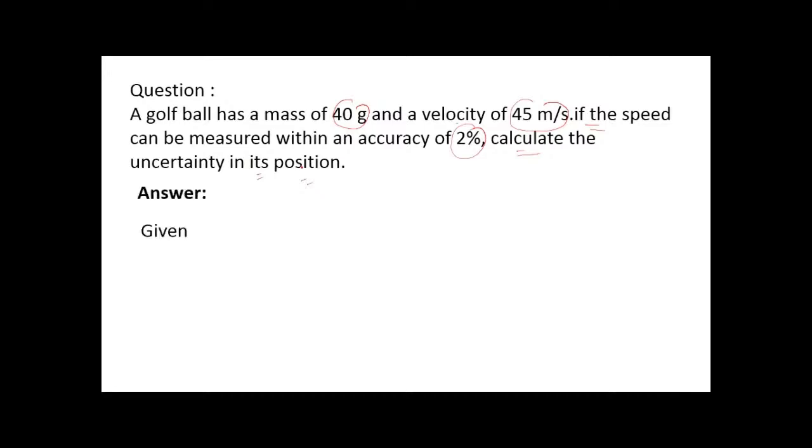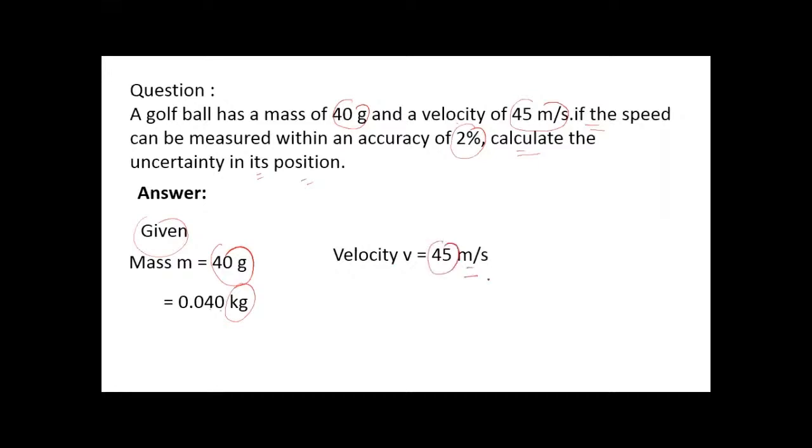First, we will write the given values, that is mass of ball, that is 40 gram, or in kg its value is 0.040 kg. Velocity is given, velocity v is 45 meter per second. Accuracy is given, that is 2%.